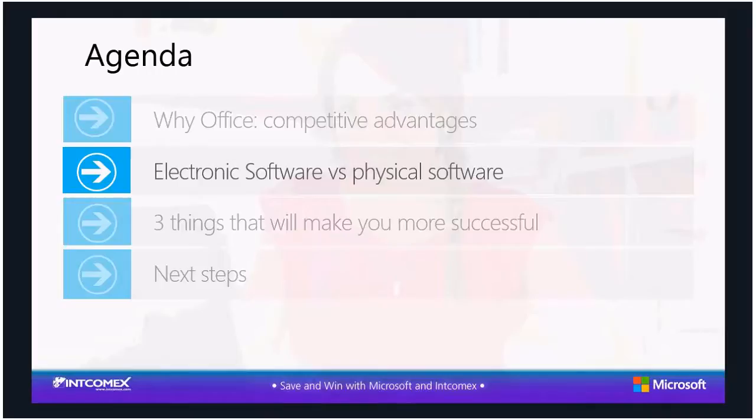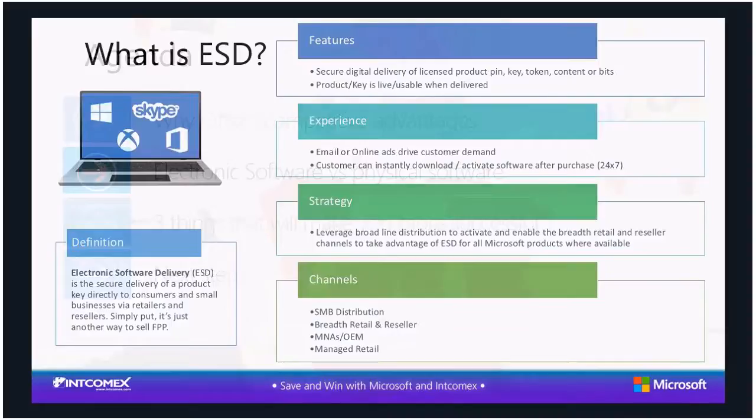Okay, perfect. So now we talk about why Office and several versions, but I want to emphasize the electronic software delivery versus FPP, right? Because this is the new way that we are delivering software for you guys to offer to your customers. So first of all, what is ESD?